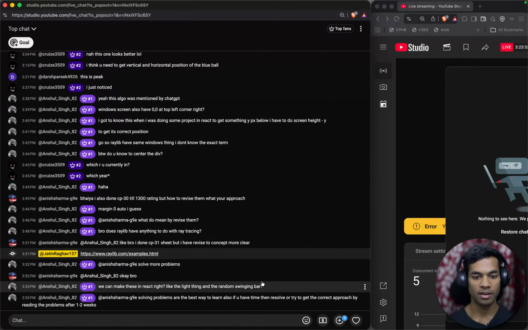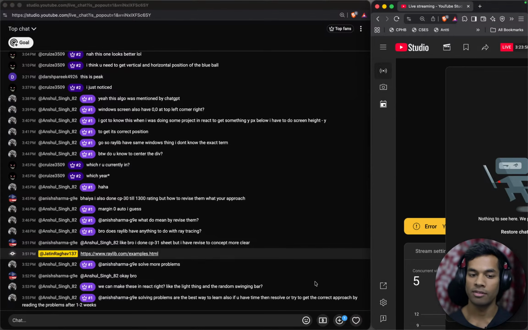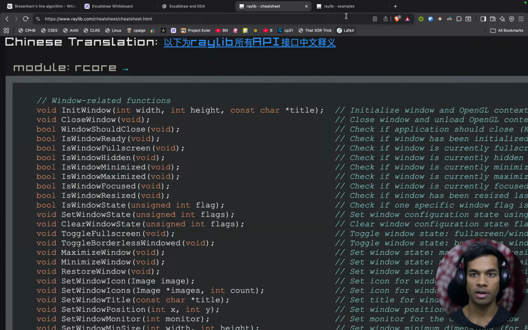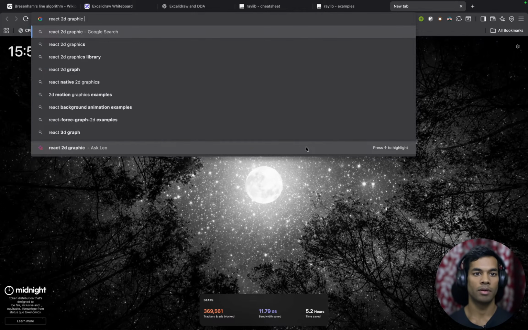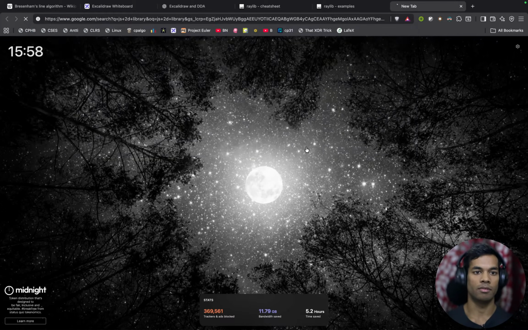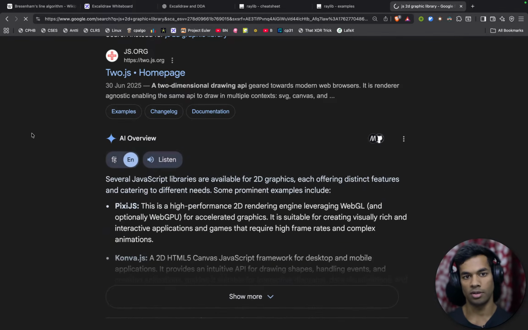It is totally calculable beforehand, but in React, I guess we can call an external component which renders all of this, and for that there are libraries in React which we can use. React 3 or like 2D JavaScript libraries, or yeah, 2D graphics libraries. Two.js is something.